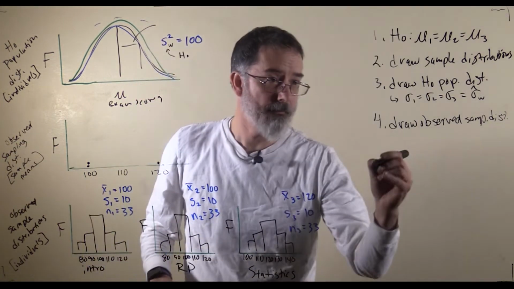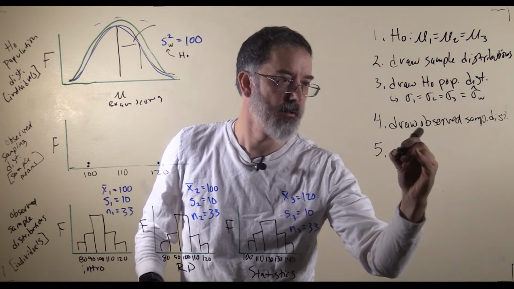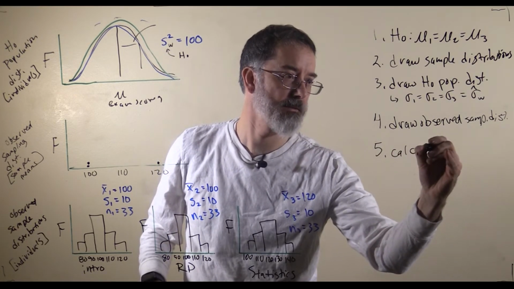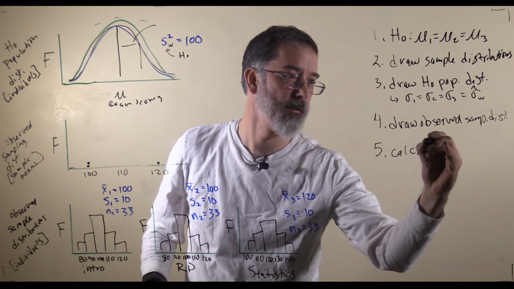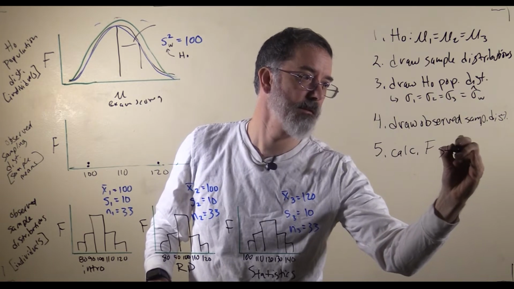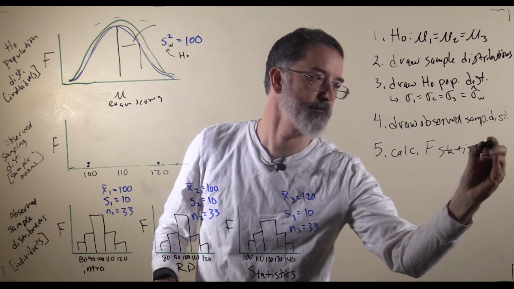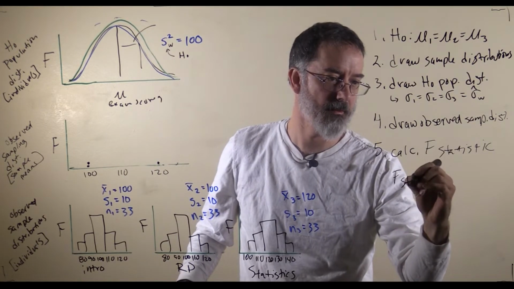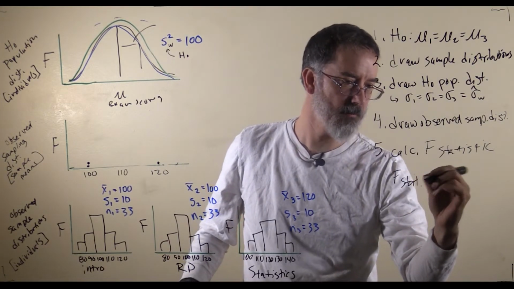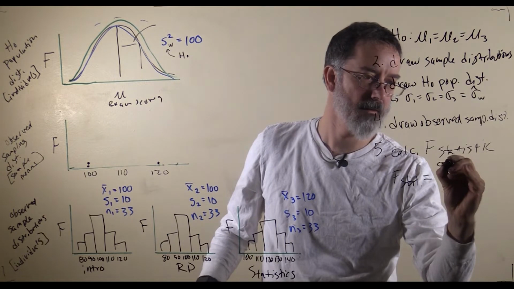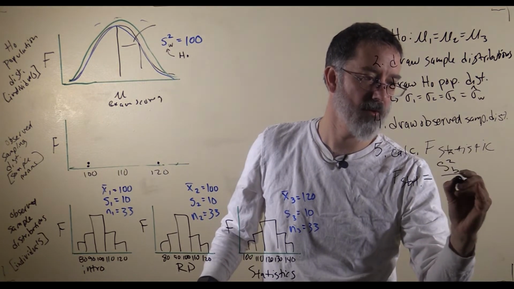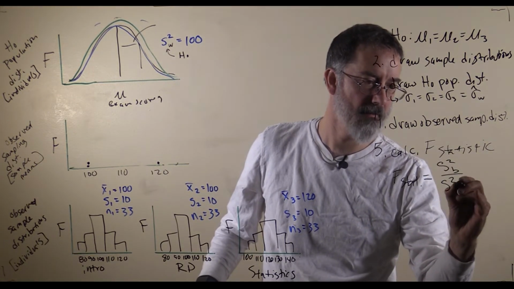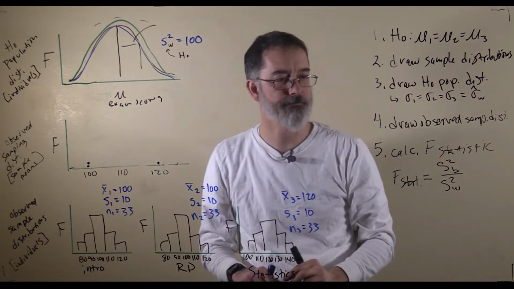All right, the next step is going to be to calculate our test statistic, which in this case is an F statistic. And the F statistic is going to be equal to the variance estimate from between groups divided by the variance estimate from within groups.